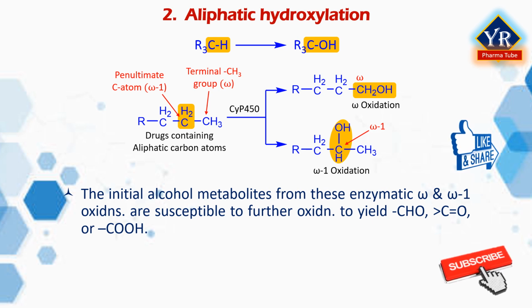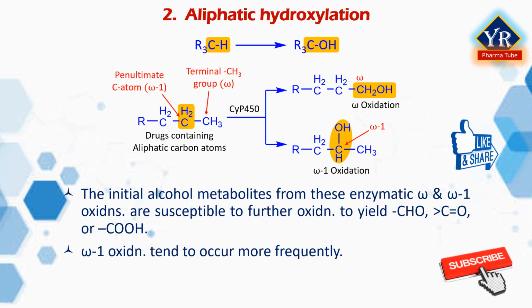Unless specifically catalyzed by an enzyme, omega-1 oxidation tends to occur more frequently. Alternatively, the alcohol metabolites may undergo glucuronide conjugation.